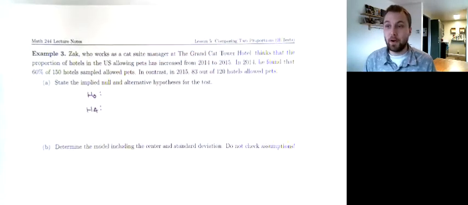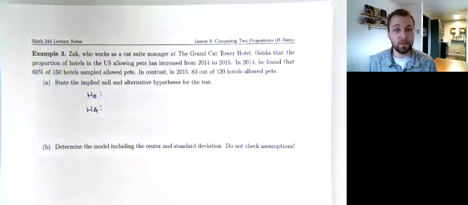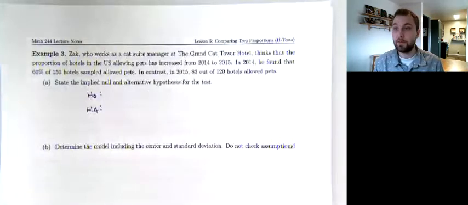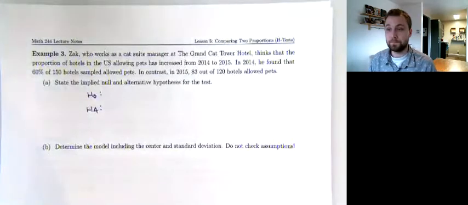If you're following at home, we're doing the first step, the hypothesis. Pause the video, see if you can come up with the null and alternative hypothesis. We're trying to test if there's been an increase from the year 2014 to 2015. Let's take a look.